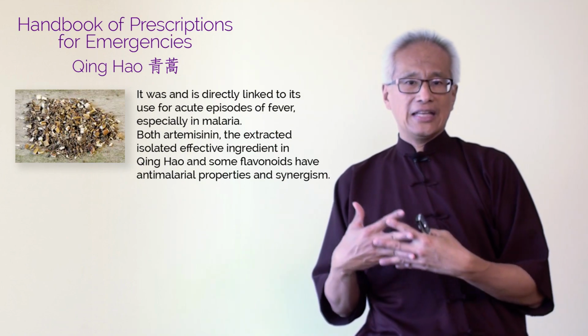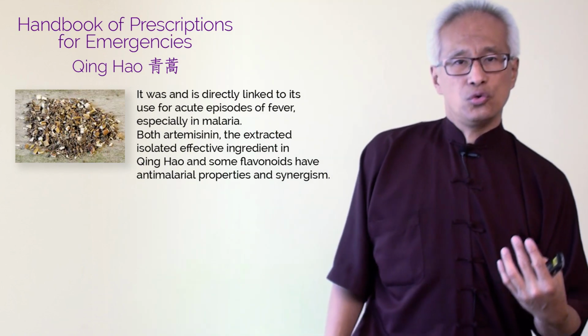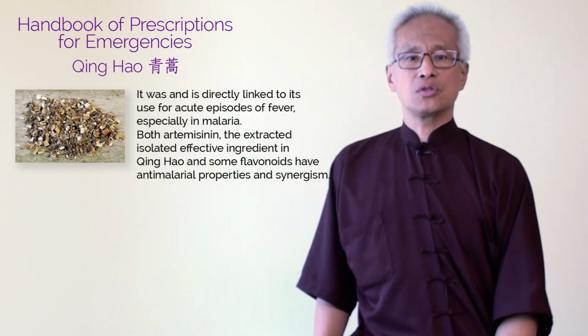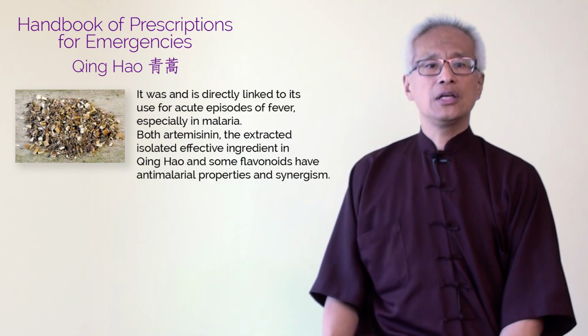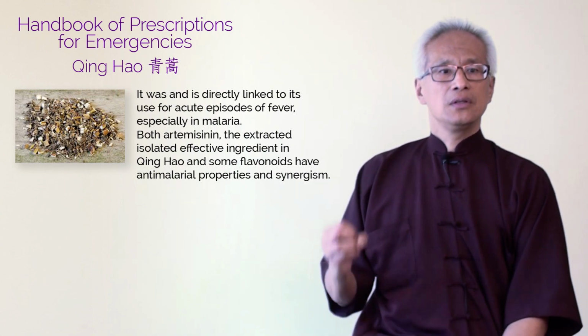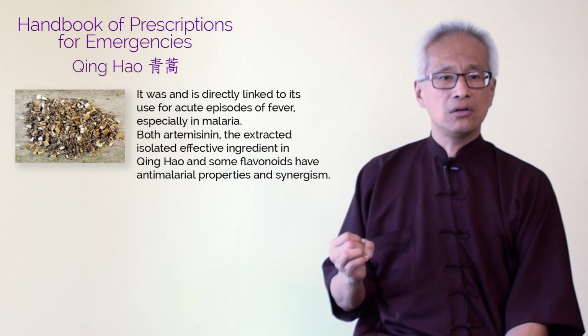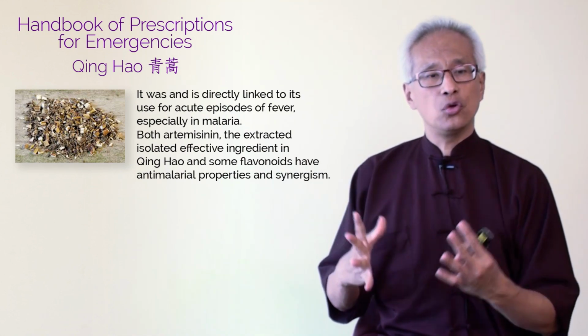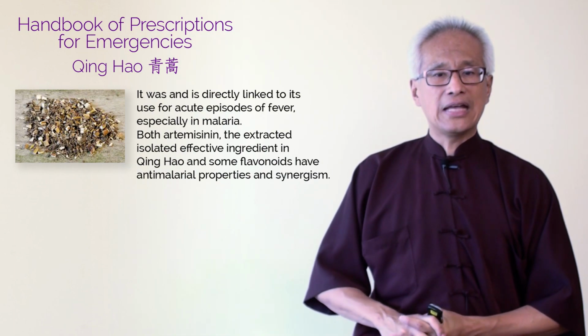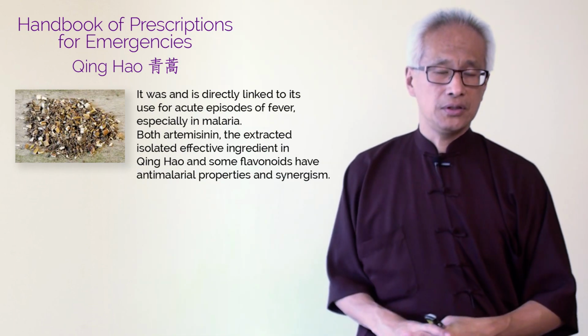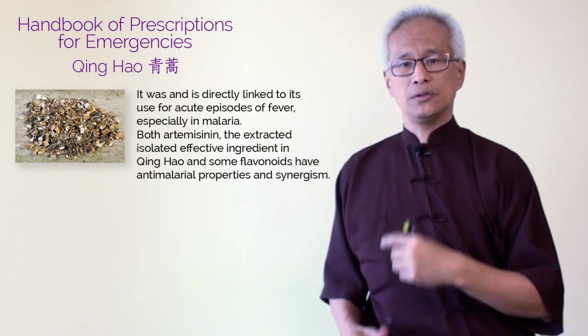It was and is directly linked to use in acute episodes of fever, especially malaria. Artemisinin is the isolated effective ingredient in Qing Hao, as well as some flavonoids that have anti-malarial properties, as well as synergy.